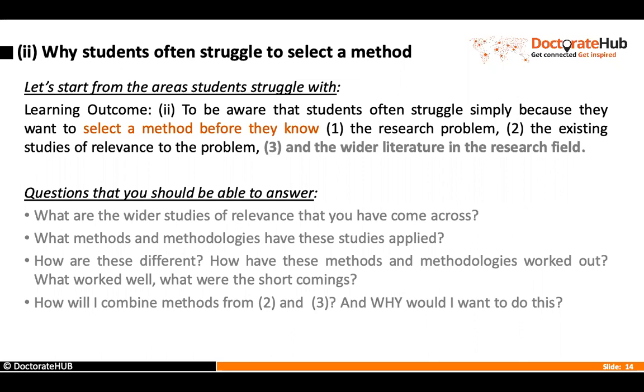Okay. Now the method is a particular way of work. So let's say you take grounded theory as a method, together with doing a case study, so you examine only one organization. So those are 2 methods.